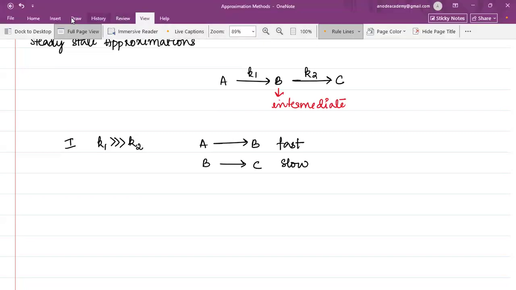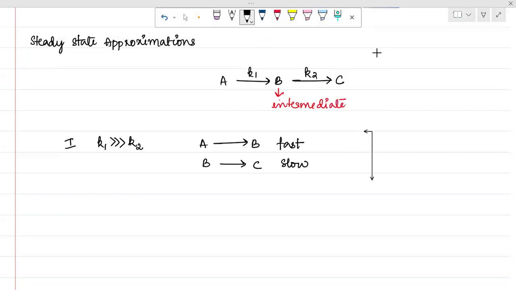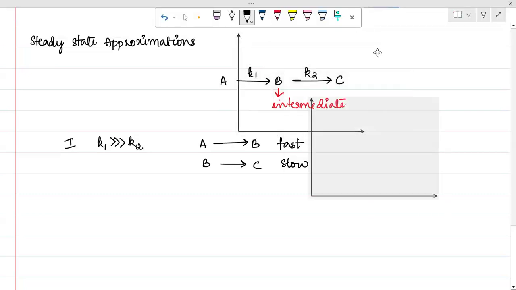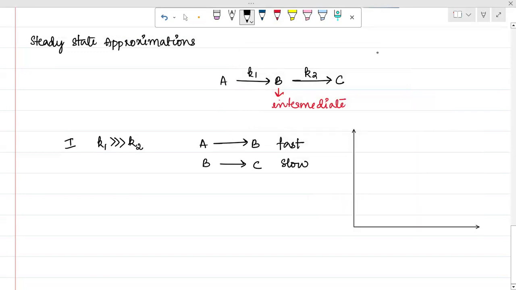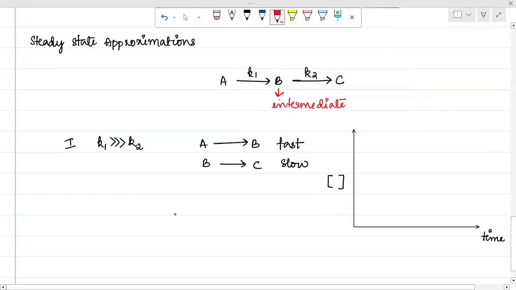If I had to draw the graphical representation for this, here I have concentration of my species and here I have time. First one is A. We have already learned the expressions of A, B, and C with time yesterday. It all showed exponential decay and exponential increase. A giving B is very fast, meaning A disappears fast.